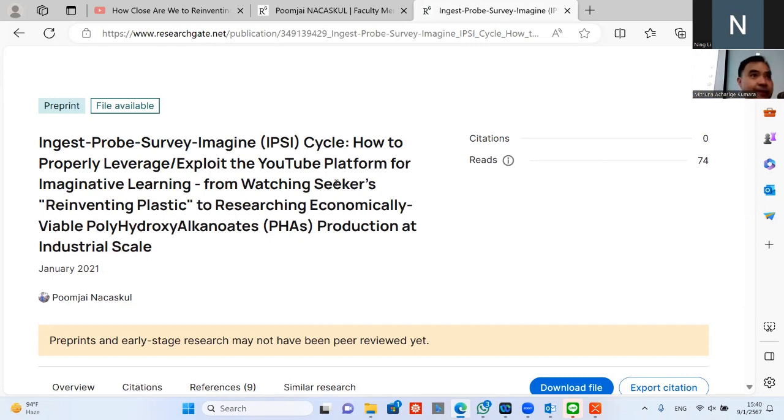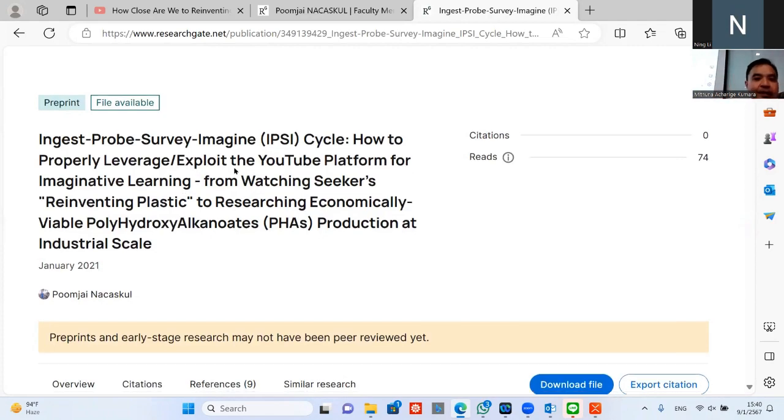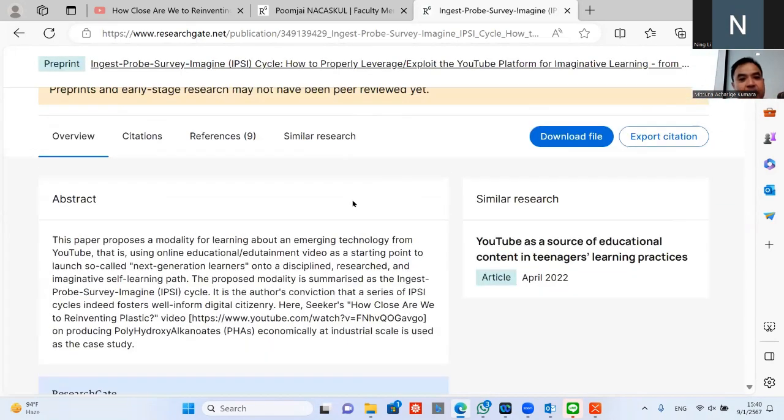This is a method that I came up with for this class. If you want to learn something using YouTube, not just as an infomercial or entertainment, but as a starting point to get into biotechnology or quantum computing, this is what you do with it. I'll send you the paper. You read the paper, obviously.